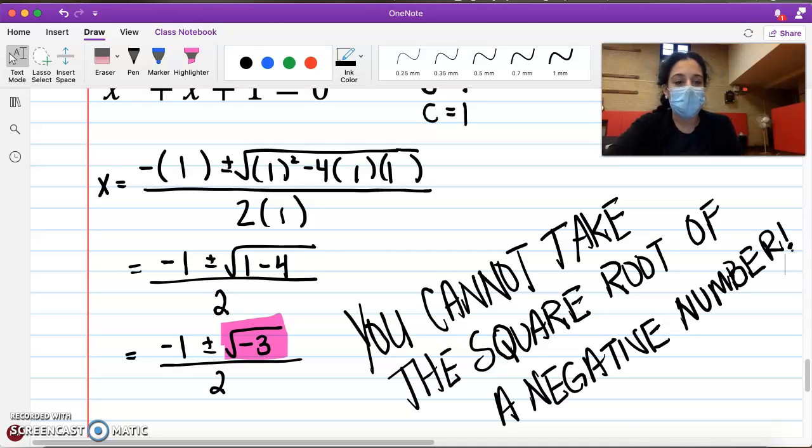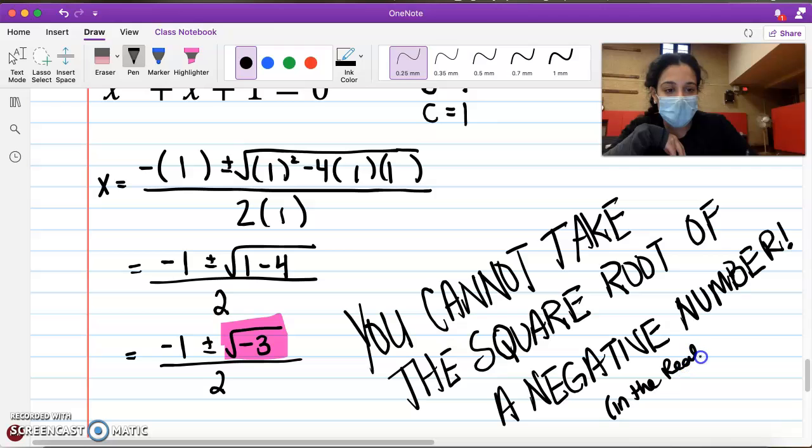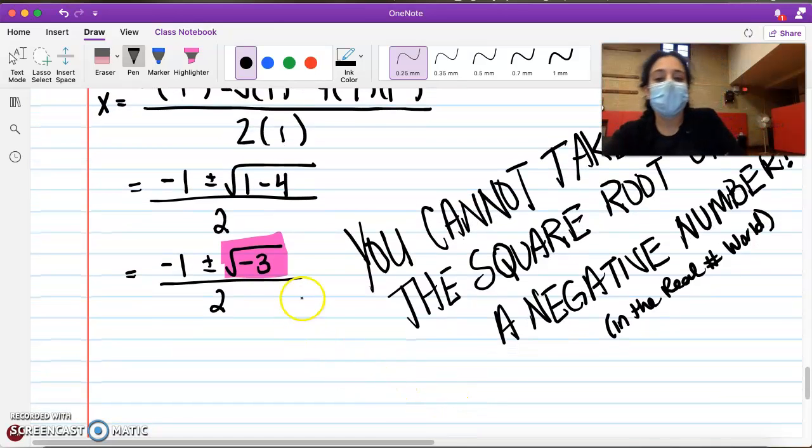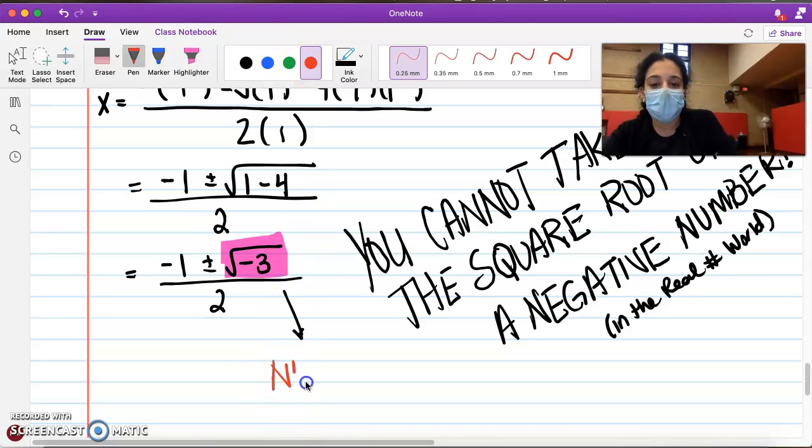So therefore, in the real number world, you cannot. When we go to imaginary numbers, then you can. But we're not talking about imaginary numbers. So therefore, once you see that, we know that there is no real solution.